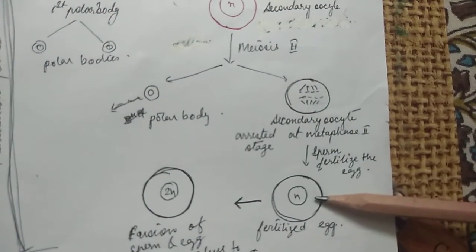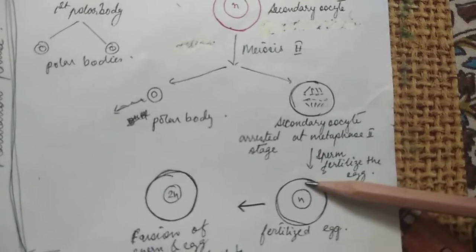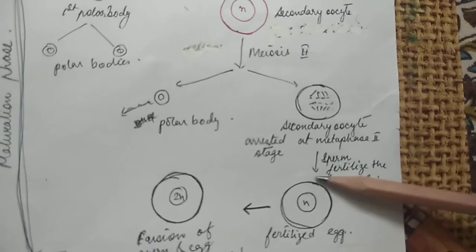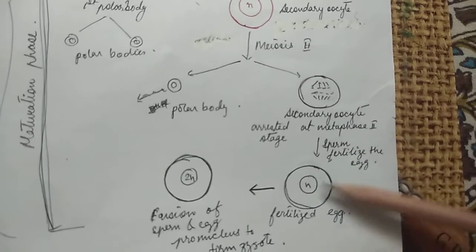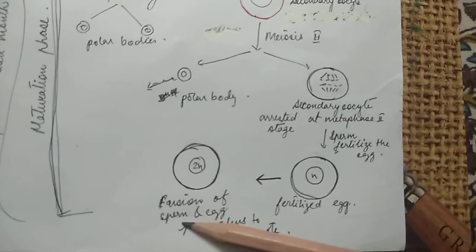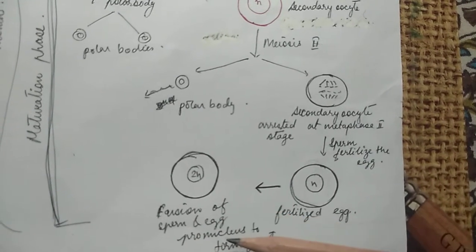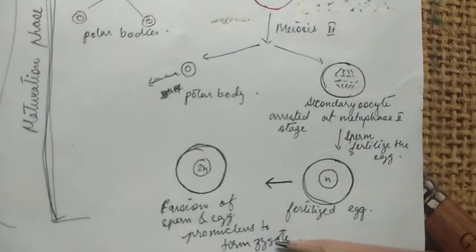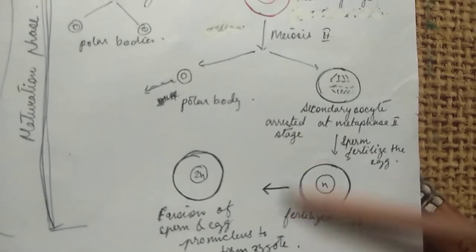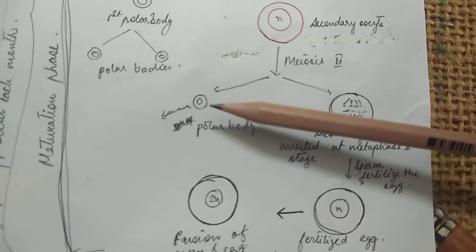After fertilization, the meiotic II division is completed, thereby forming a large haploid oocyte. Then, inside the fertilized egg, the fusion of sperm pronucleus and egg pronucleus takes place to form the diploid zygote. The three polar bodies which are formed gradually disintegrate.